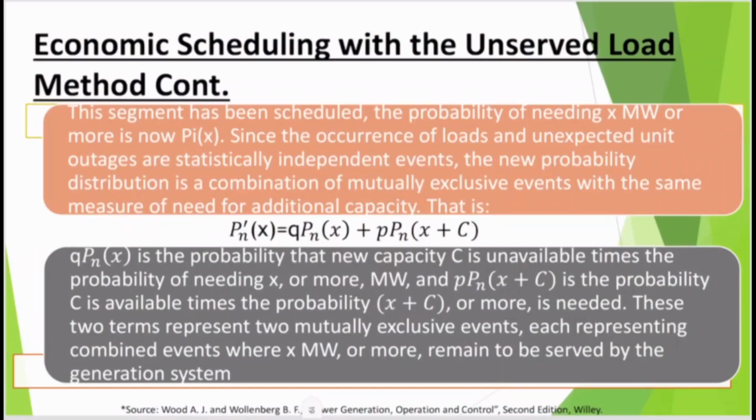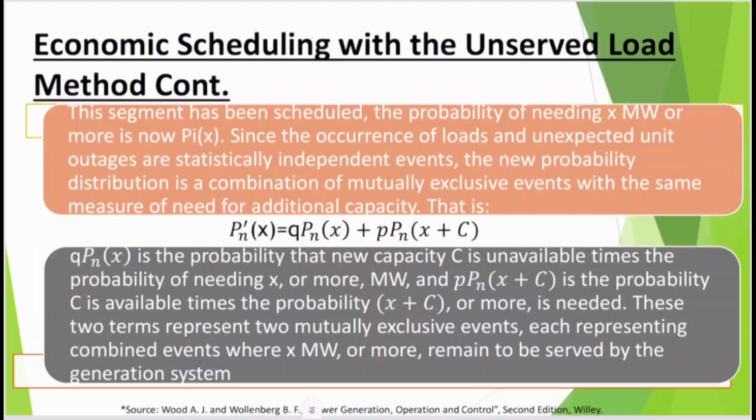That means the new PNX will be Q of PNX plus P of PN(X plus C). Now what is QPNX? It is the probability that capacity C is unavailable times the probability of needing X or more megawatt. And P of PN(X plus C) is the probability C is available times the probability X plus C or more is needed.